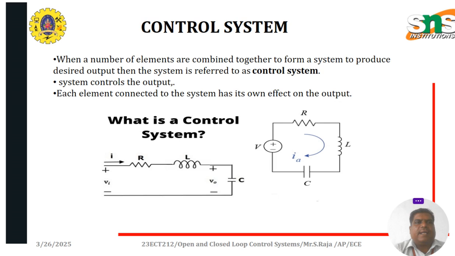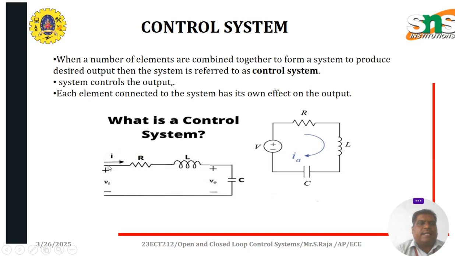Control system. When a number of elements are combined together to form a system to produce the desired output, then the system is referred to as a control system. The system controls the output. Each element connected to the system has its own effect on the output. For example, if you take this as our model, the input is given to resistor R, inductor L and capacitor C, and the current is flowing through each component.